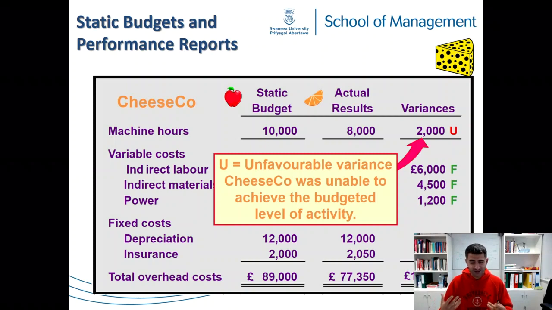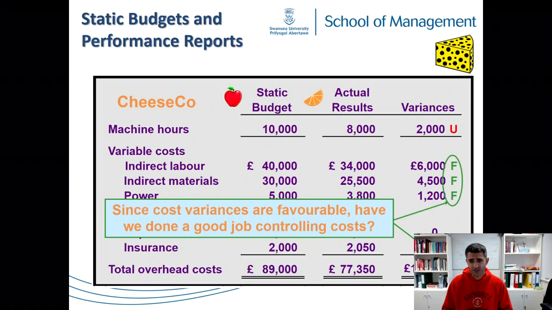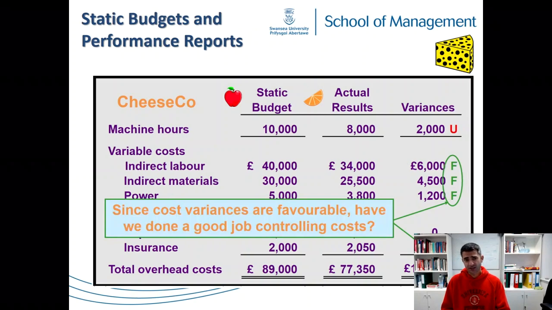But in fact they don't. Why? Because the actual costs are less than the budgeted cost. Excellent. But this is the question you need to ask yourself: have we done a good job controlling cost?